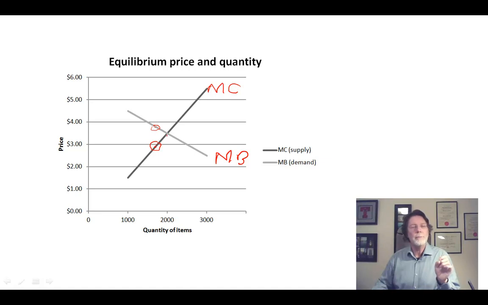Okay, this is now thinking of it as self-interested behavior. What happens from the utilitarian point of view when we're talking about overall happiness here? Well, if we're below 2,000 items, here's our intersection, at 2,000 and $3.50.